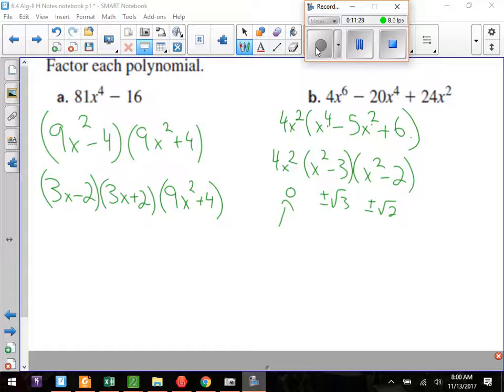Now, when you have a 0 that has a square, if x squared is equal to 0, what you have is called the multiplicity of a 0. It's just repeated at the same spot. It's a repeated 0. You just don't write it down twice. So if it's an x squared value and it's equal to 0, you just write down 0 once. Okay. So what happens here, to get real fancy, we know I have a 0 at 0, root 2, root 3, negative root 2, negative root 3.